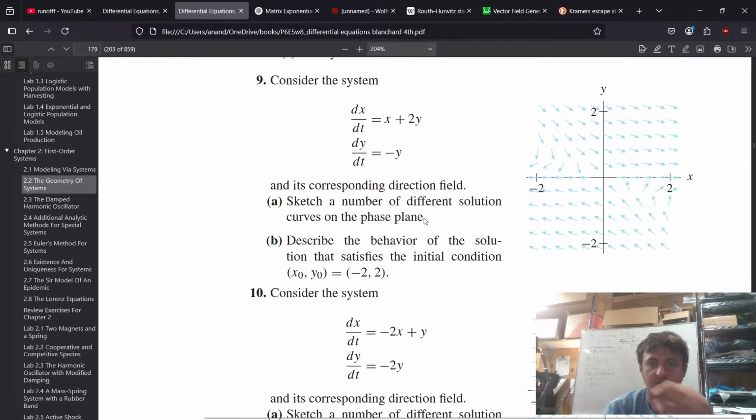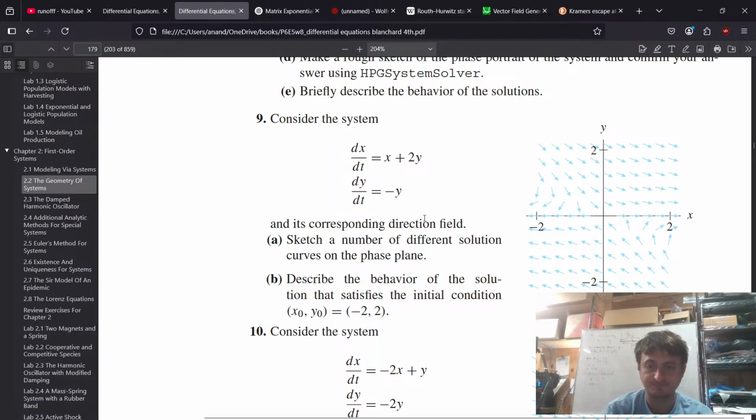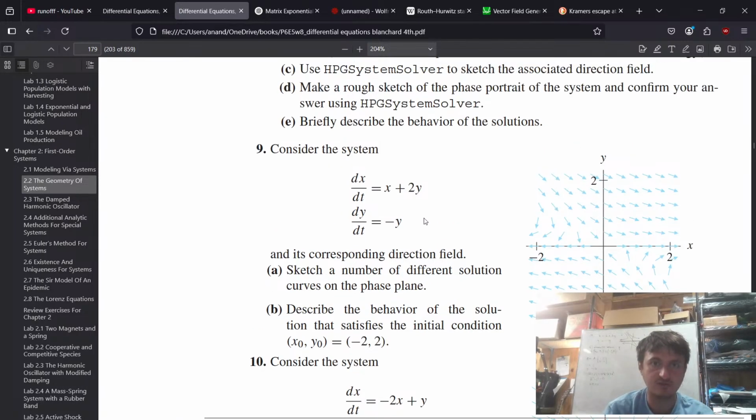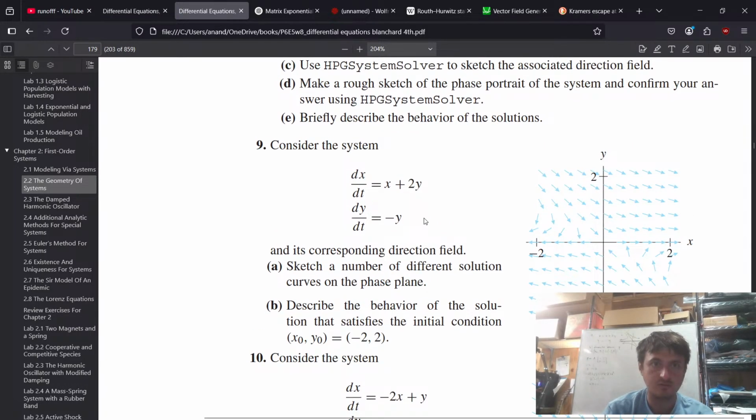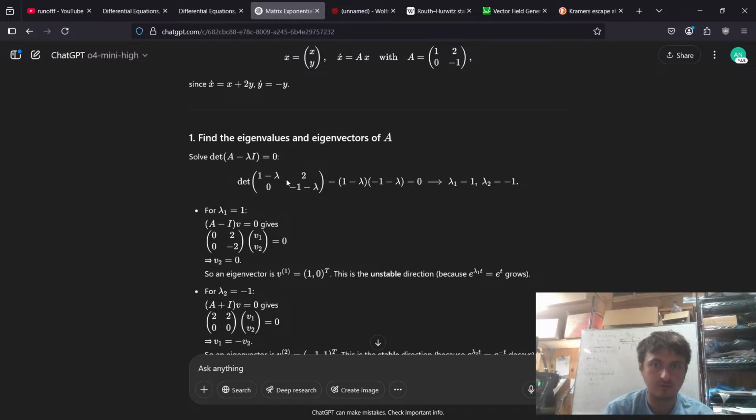Okay. So anyways, what we did for number 9 is you solve for what? So your goal is to find the values of lambda that cause A to be singular.